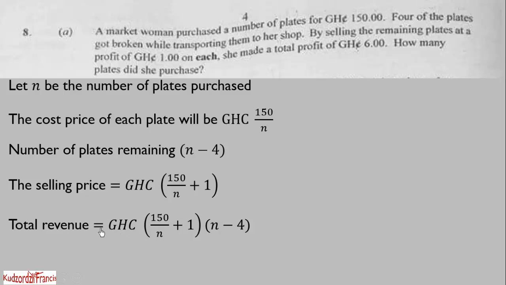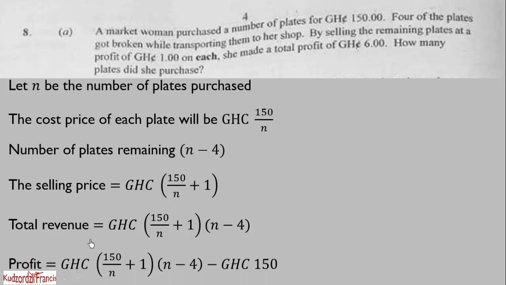To find the profit, we need to subtract the cost price of all the items, which is 150, from the revenue. That will give her the profit. When we do that, we are left with 6. We are supposed to get 6 because that is the total profit she made.